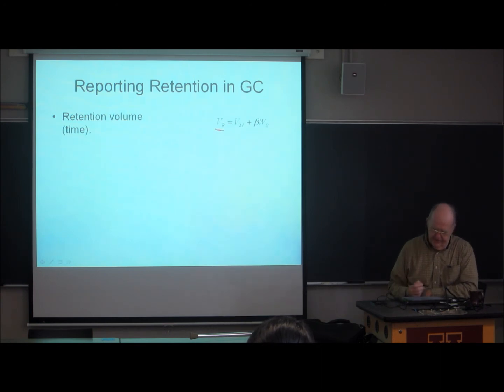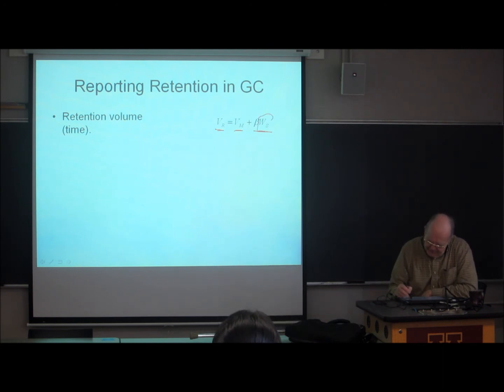The retention volume is, of course, the sum of the dead volume of the column and the retention volume, the holdup due to the stationary phase. In gas chromatography, we invariably measure the amount of stationary phase not by volume but by weight.